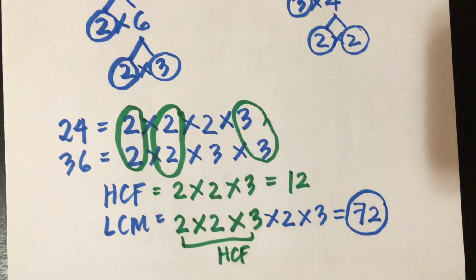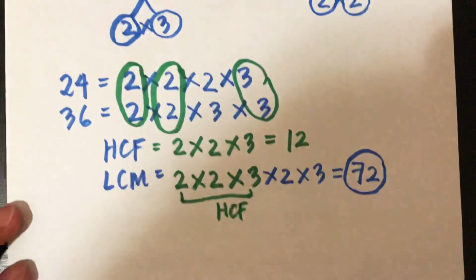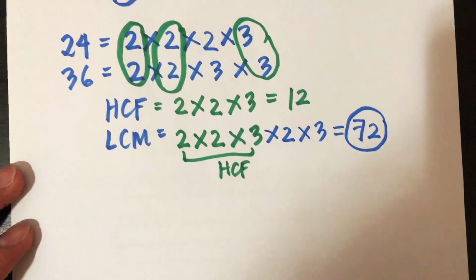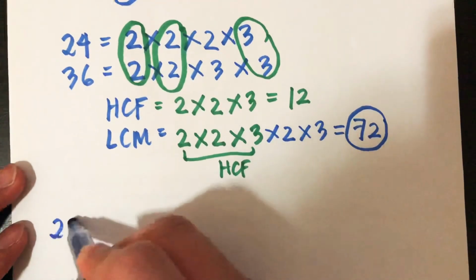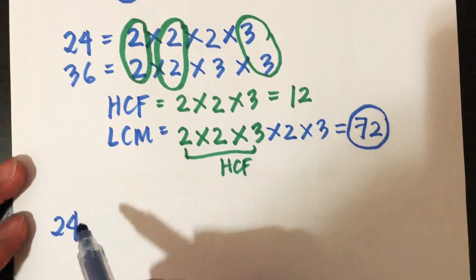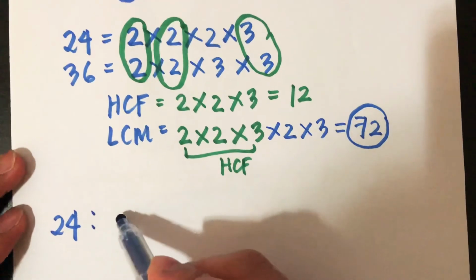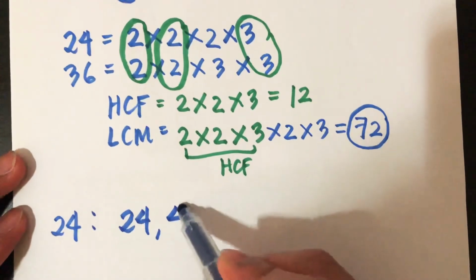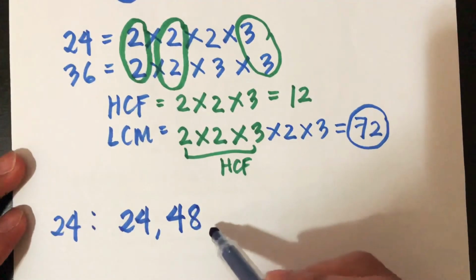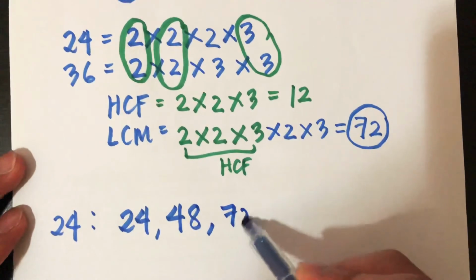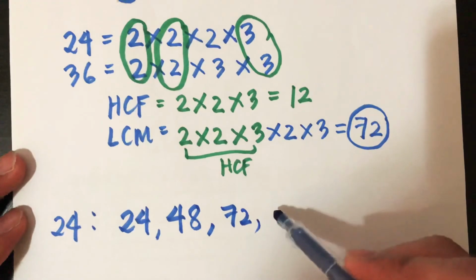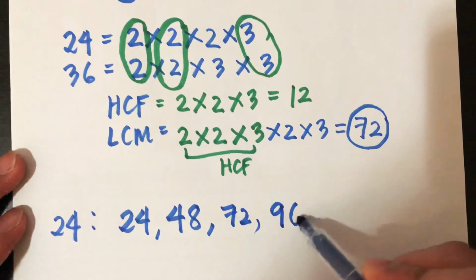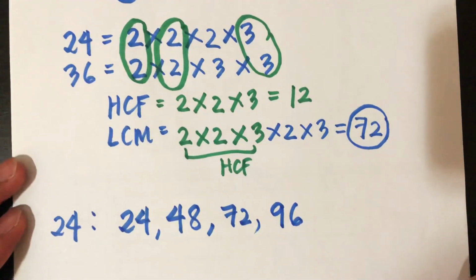Now to check whether 72 is correct, we'll try the long method. Okay? The multiples of 24 now are 24, 48, then 72, then 96. Okay?